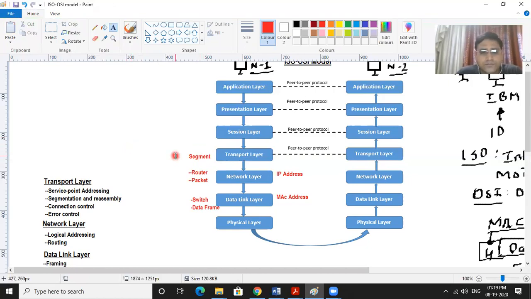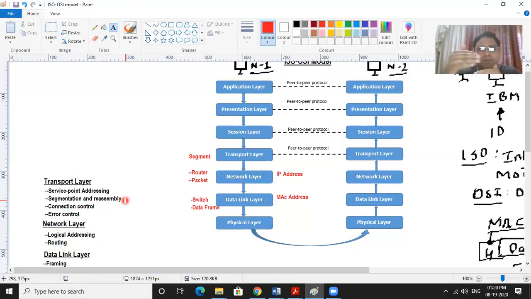So now what will happen? Data packets are divided into different segments. That is why you can see segmentation and reassembly. The data packet is divided into segments, and then those segments are delivered to the destination node. At the destination end, they receive those packets, and each segment has a sequence number.